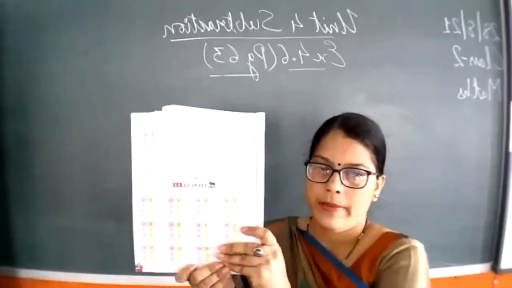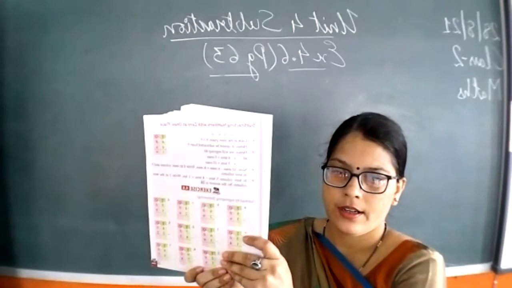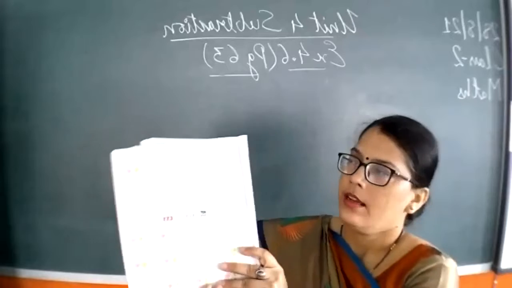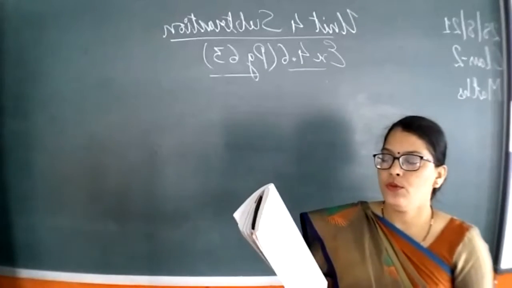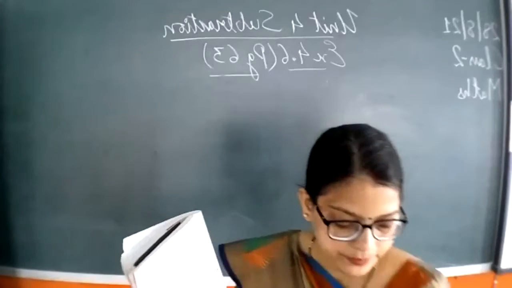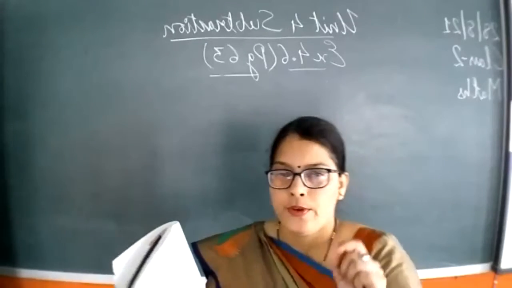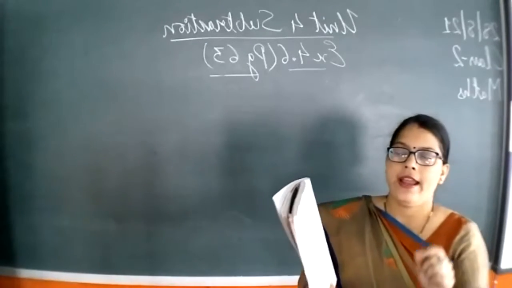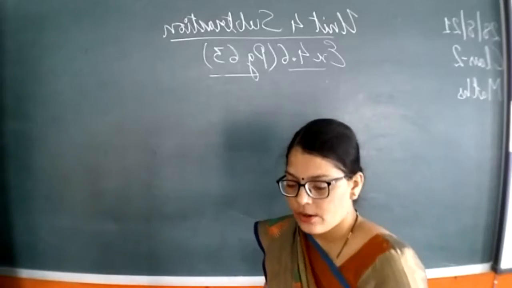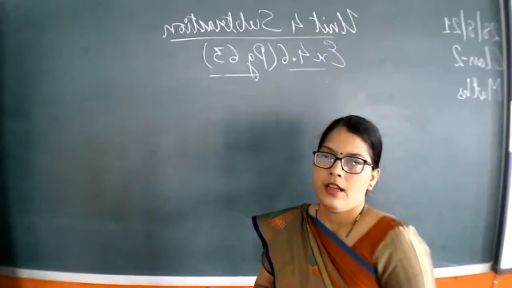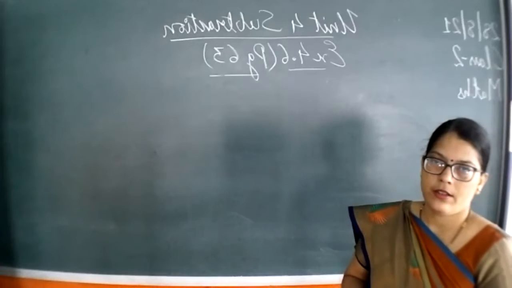Here in this exercise, we have to subtract numbers with 0 at one's place. Now, what are the numbers with 0 at one's place?